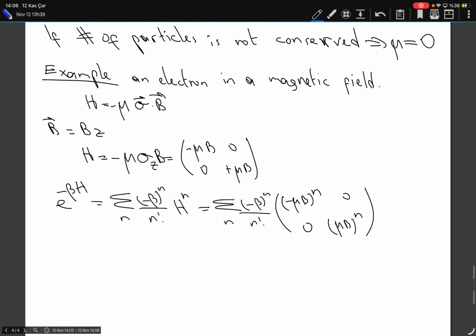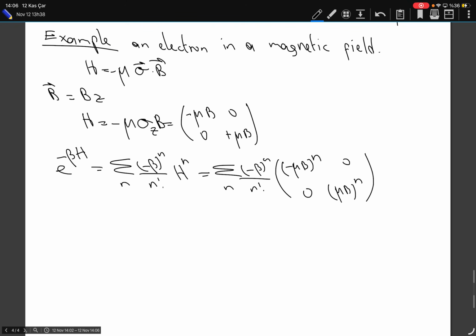If you just evaluate these sums back, you get e to the power minus beta H equal to the diagonal matrix with e to the power beta mu B and e to the power minus beta mu B, and 0, 0 off the diagonal. This is e to the power minus beta H.